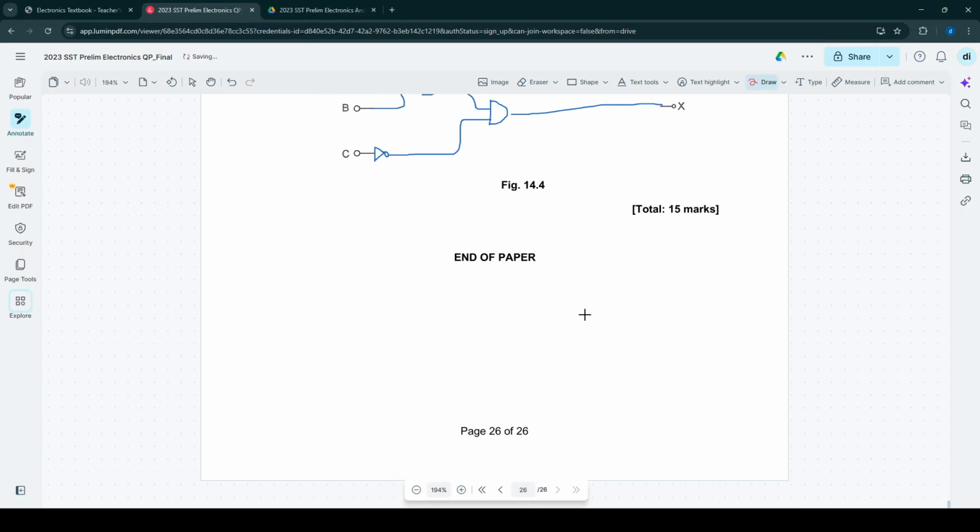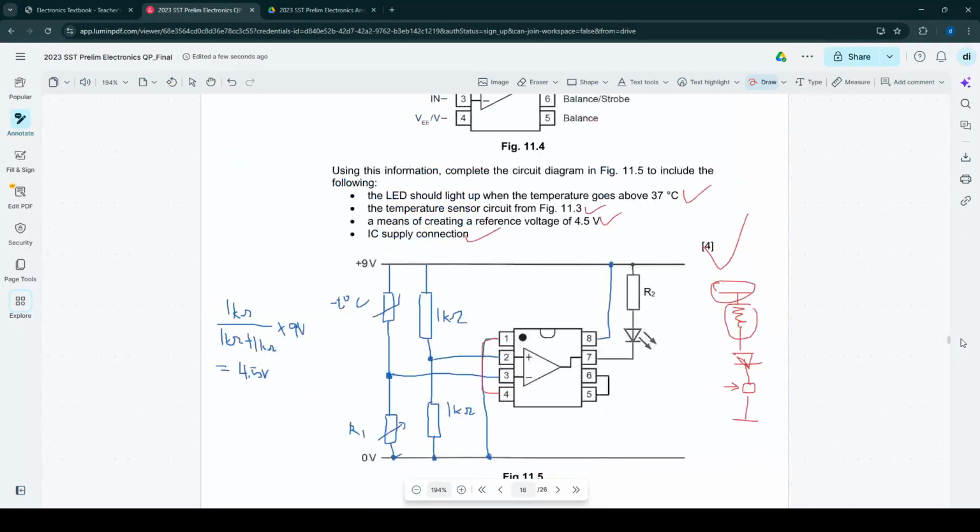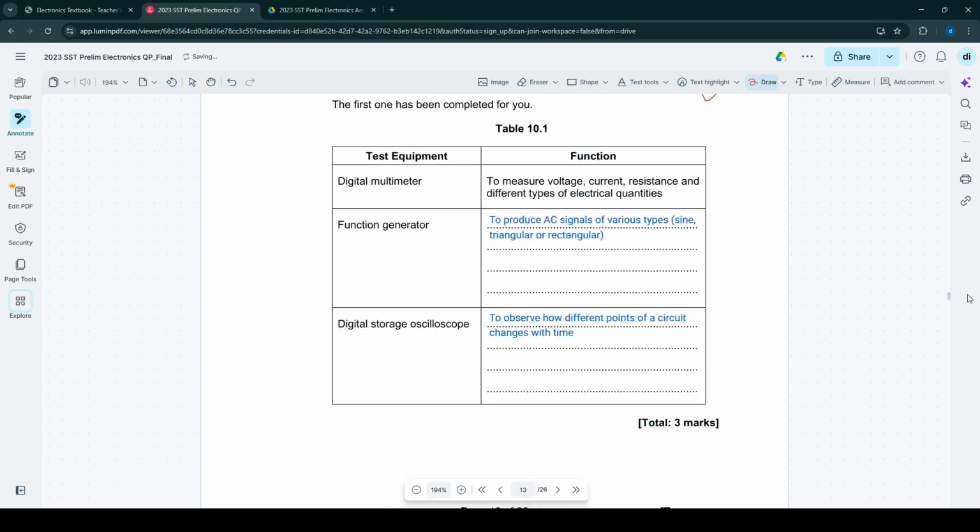Alright, okay, end of paper. Finally! Okay, so let's see how much you did. Yeah, section B, not really good.